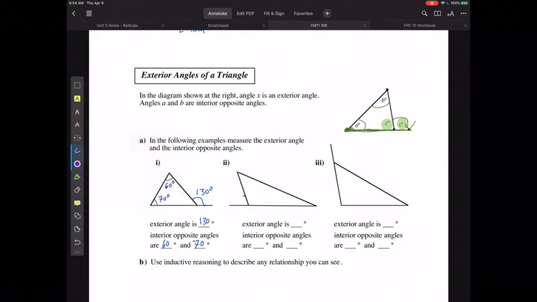For case 2, here's my exterior angle of 70 degrees, and my interior angles are going to be 45 degrees and 25 degrees.